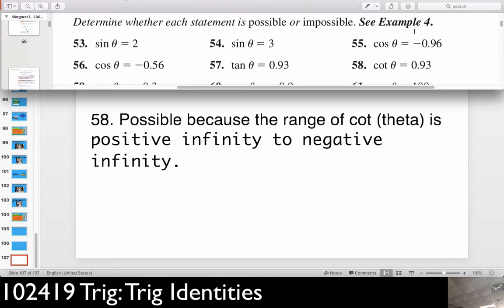So in cotangent, how did I do that? Tangent is all real numbers. Cotangent is also going to be all real numbers. Essentially pretty much any value.